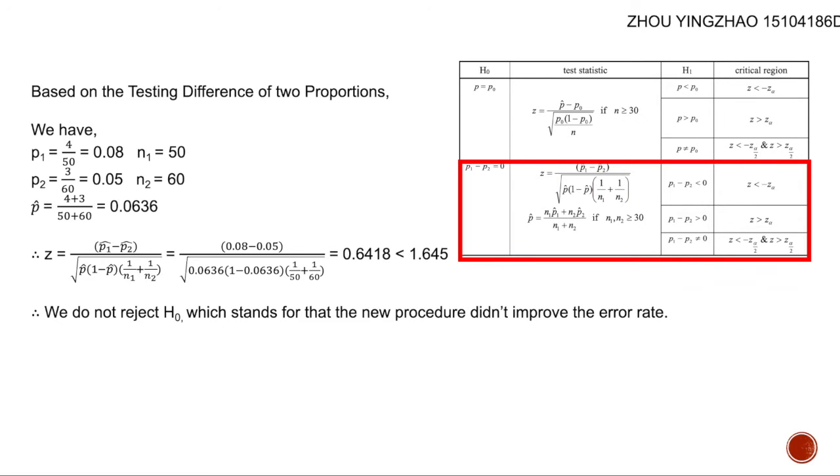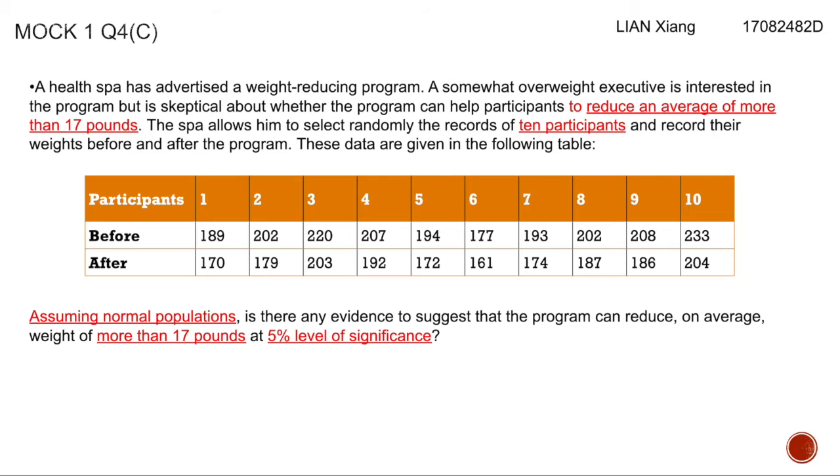Based on the formula, z is 0.6418, so it's less than 1.645. So we do not reject H0, which means that the new procedure didn't improve the error rate. So that's all. Thank you, everyone.